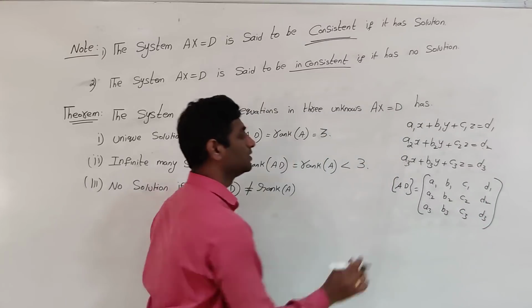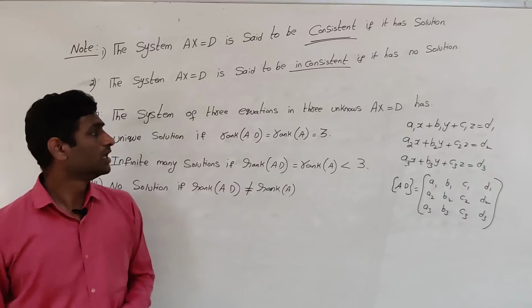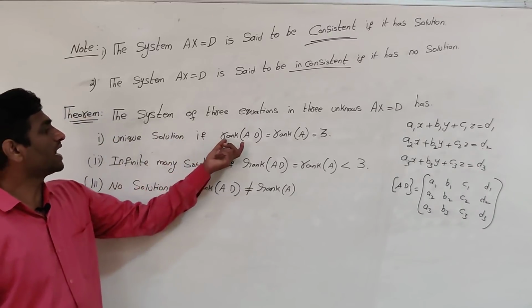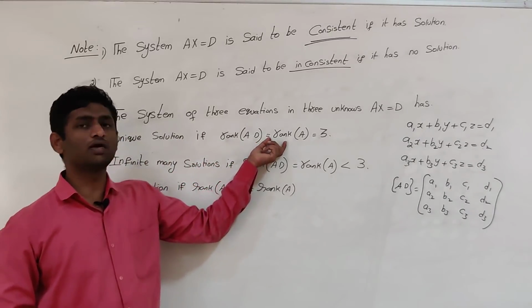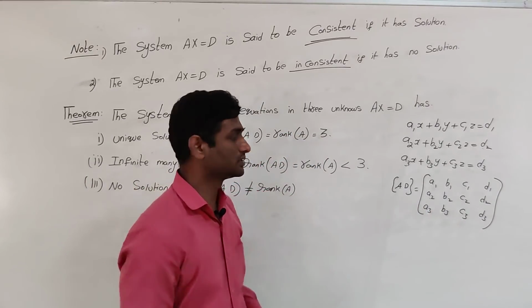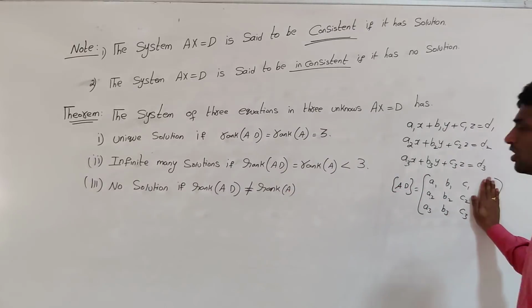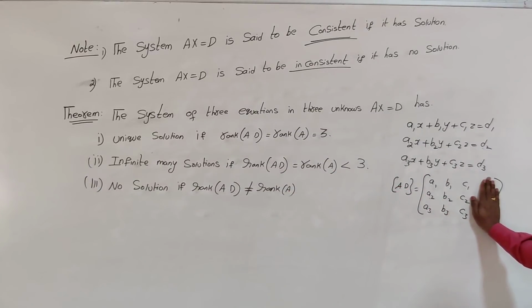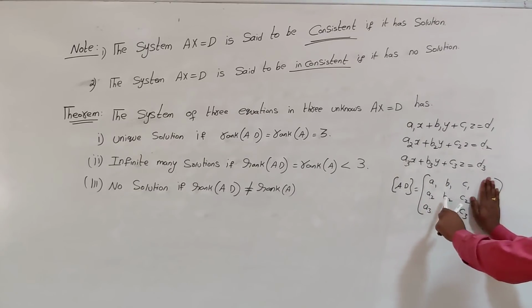So this is the augmented matrix. And there is a unique solution if rank of AD is equal to rank of A is equal to 3. Meaning if the rank of the augmented matrix, and if we close off the column, it gives the coefficient matrix, that is A.